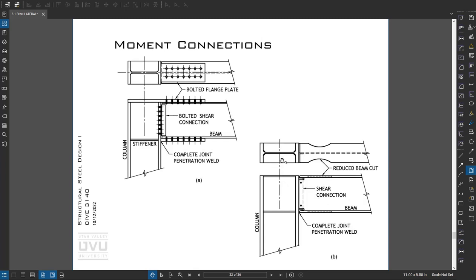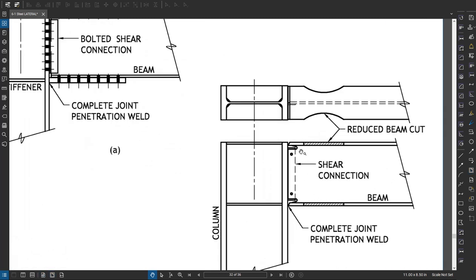And then moment connections, here's a heavy bolted connection, and then the dog bone connection came after the Northridge earthquake. The theory is if you have a full pen weld, because if you have a reduced section, the beam will yield right here and reduce the demand on the welds.